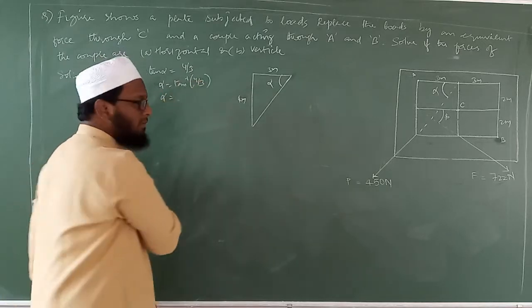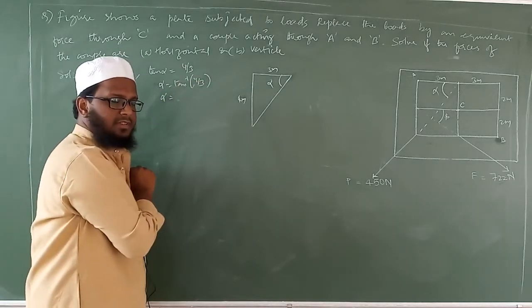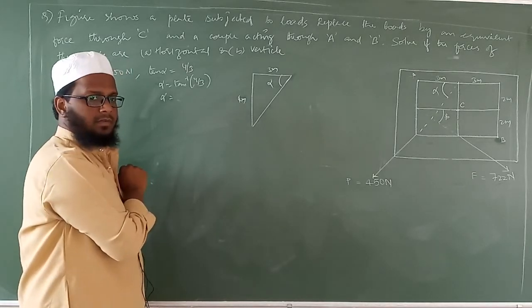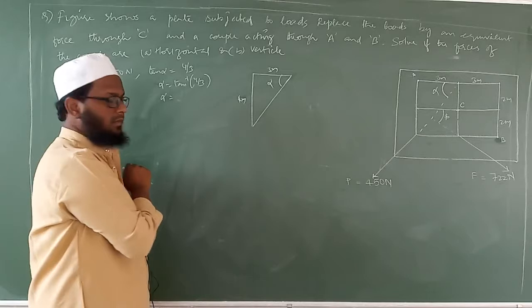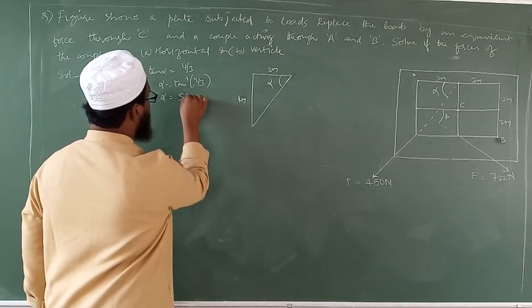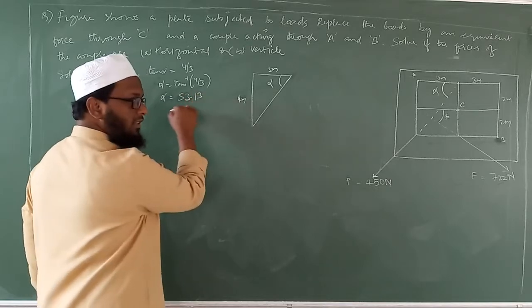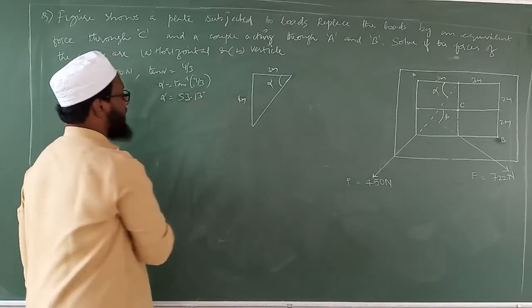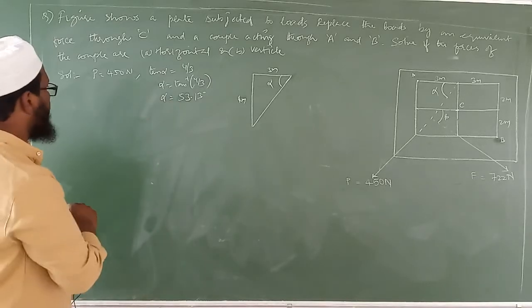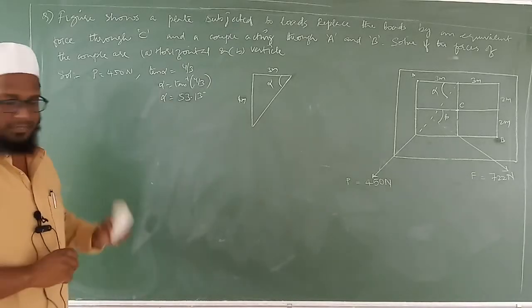Alpha is equal to 53.13 degrees. Okay, we got the value of alpha. Now we can calculate Px and Py.